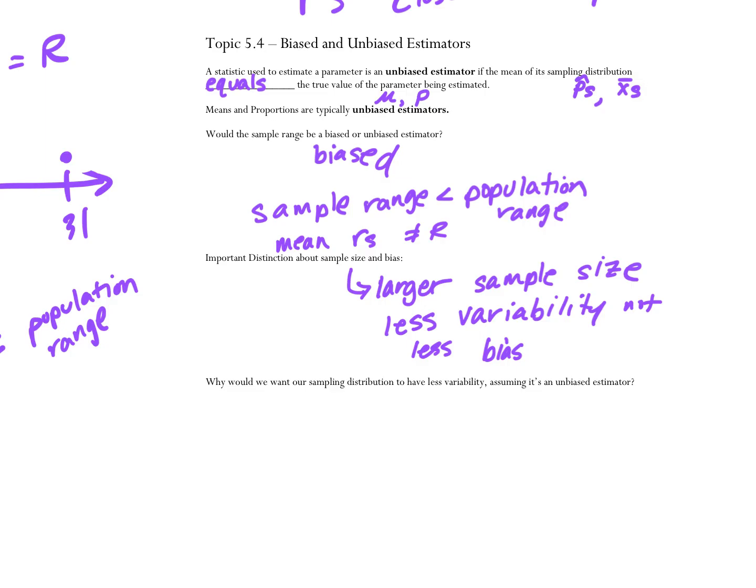If we're taking a sample and we have to, that's all we got to use to represent our population. Less variability would mean the p-hats are closer to p and the x-bars are closer to mu. That makes our life, in general, way better because our sample looks closer to our population.